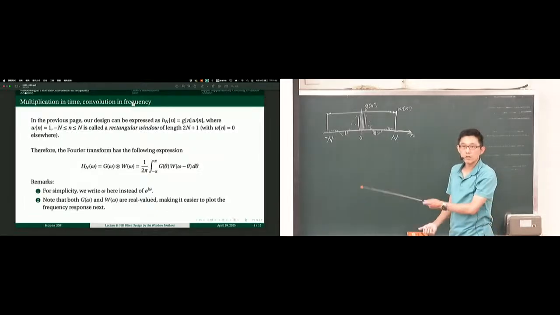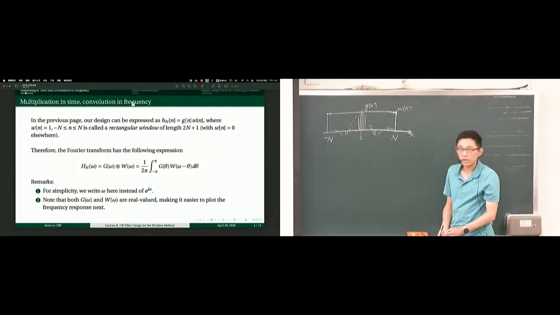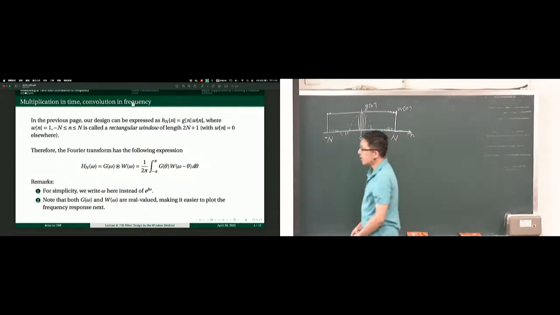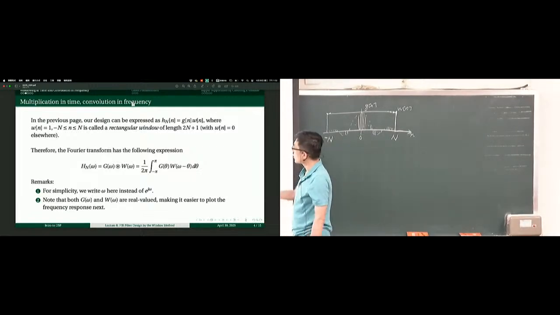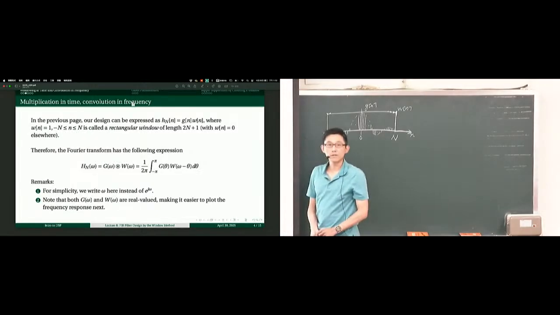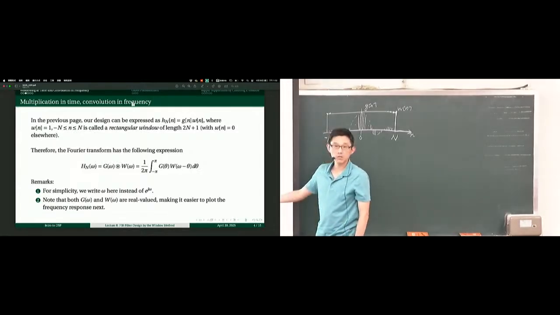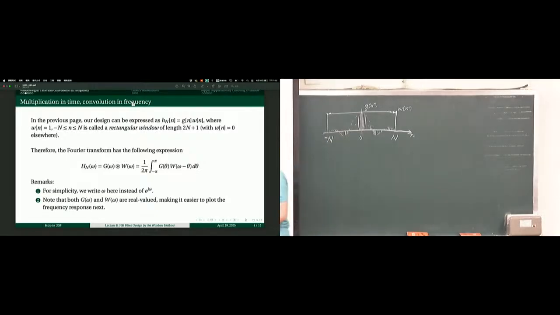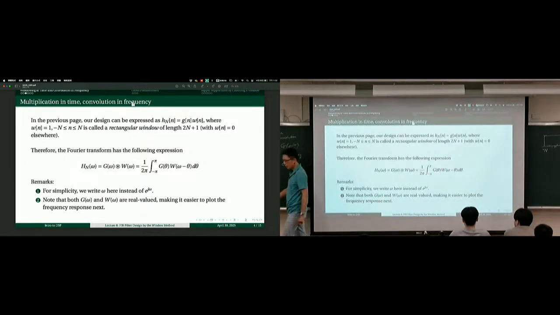When we have an even function in time, their spectrum must be real valued. Both of them are even functions, therefore their spectrums are going to be real valued, which makes it easier for us to talk about convolution later. So this is one feature I want you to notice.